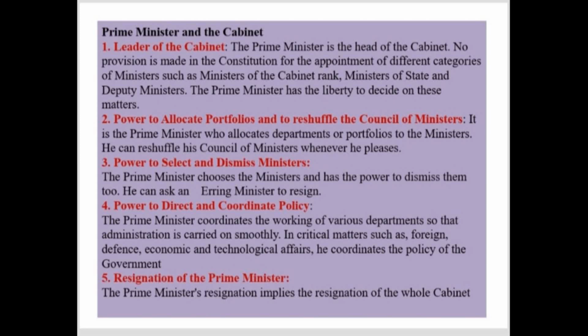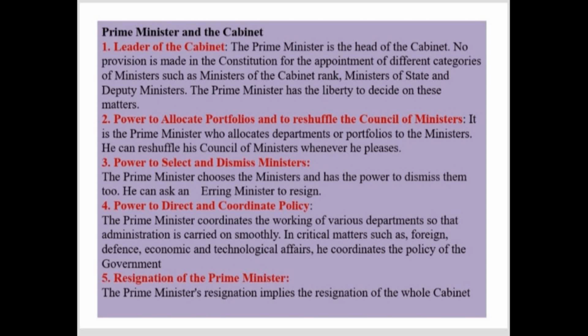Suppose a minister might be dealing with defense, he may be changed to the home ministry, or a person who is doing home ministry may even be shifted to foreign affairs. So it depends on the will and wish of the prime minister.